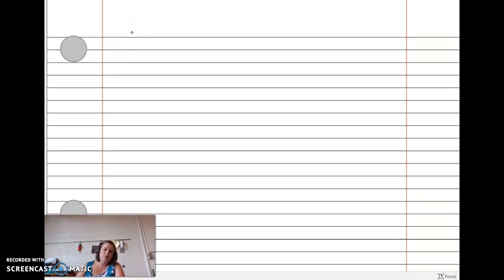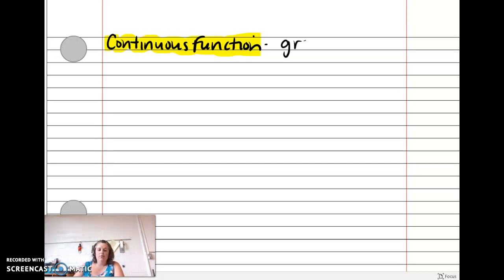Okay, and that's totally separate from a continuous function. Then we're going to say it's a graph with data points, and then information in between the data points.